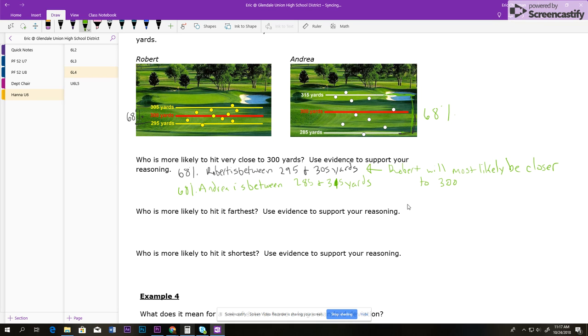If you look at Robert, his results are either 305 or 295, and 300 is in between there. So that's not very far. But Andrea, she can hit 315 yards. So who has a chance of hitting further? If you look at the results, it is Andrea, and the reasoning is because she has a larger standard deviation.